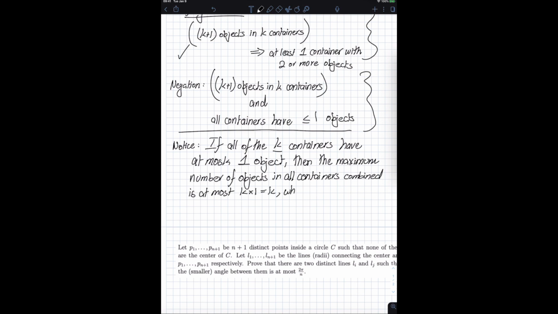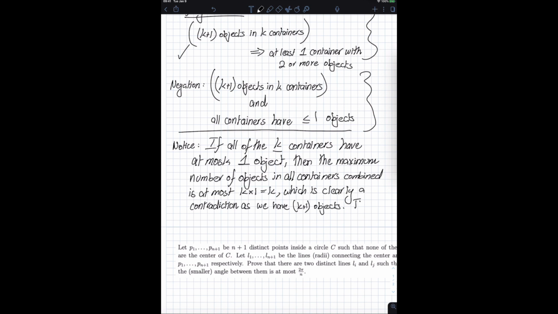Which is clearly a contradiction, as we have k plus 1 objects.